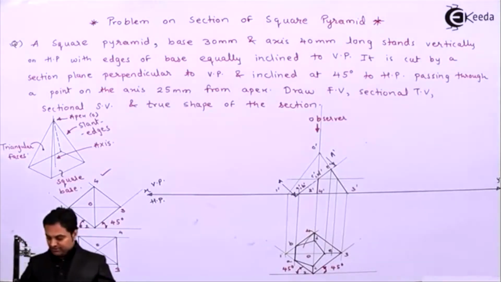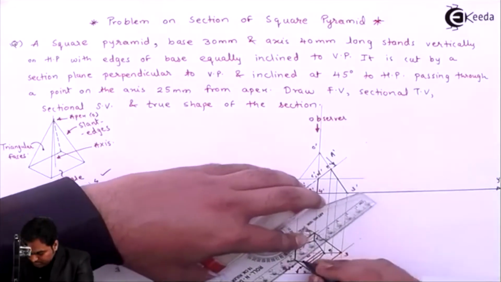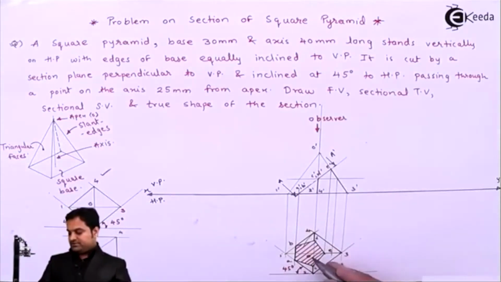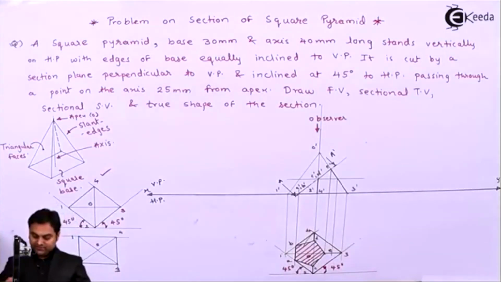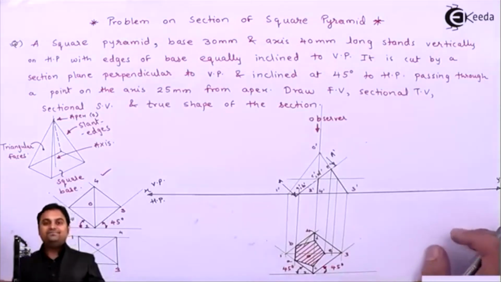Here I'll draw the sectioning for it. So this is the section which is visible from top, and the edges are dark because that is a pyramid.